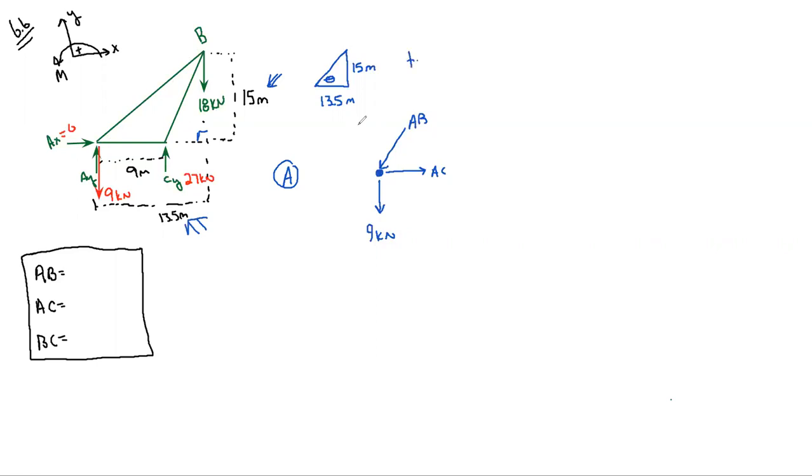So arctan of 15 over 13.5 equals theta, and that gives us an angle of 48.01 degrees. Quickly drawing this out, this is AB again.